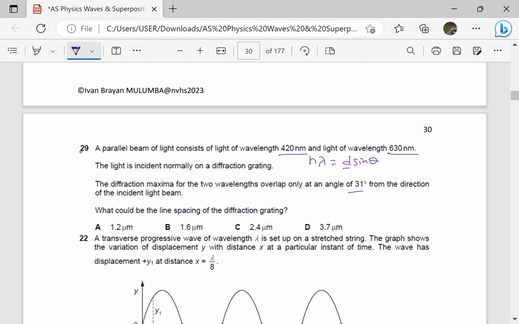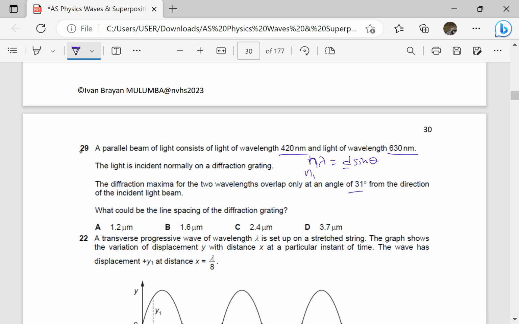So let's first find the value of n here. Let's say this is n1 for the first light.